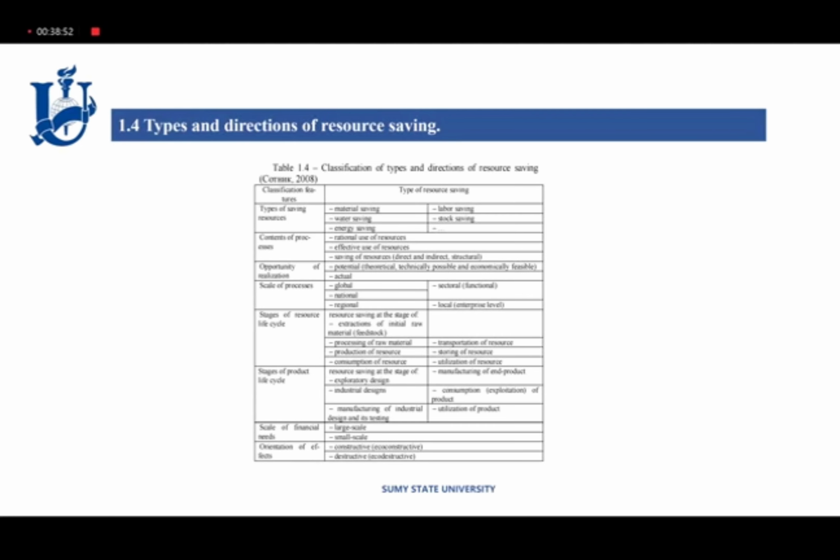Stage of resource life cycle: resource saving at the stage of extraction of initial raw material, feedstock, processing of raw material, production of resource, consumption of resource, transportation of the resource, storing the resource, utilization of resource, manufacturing of end product.